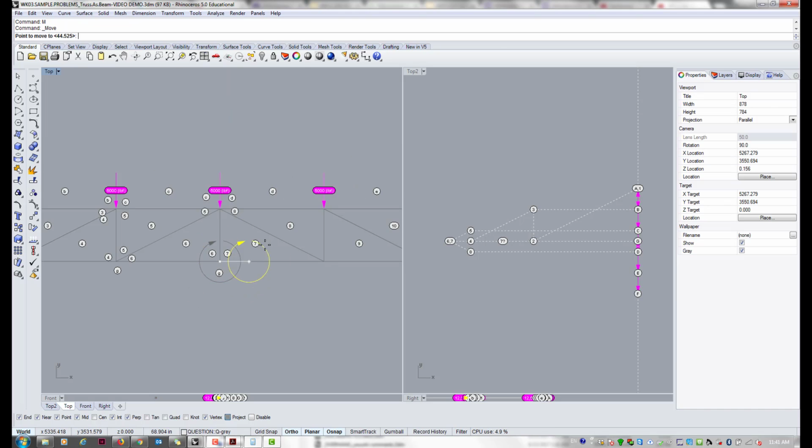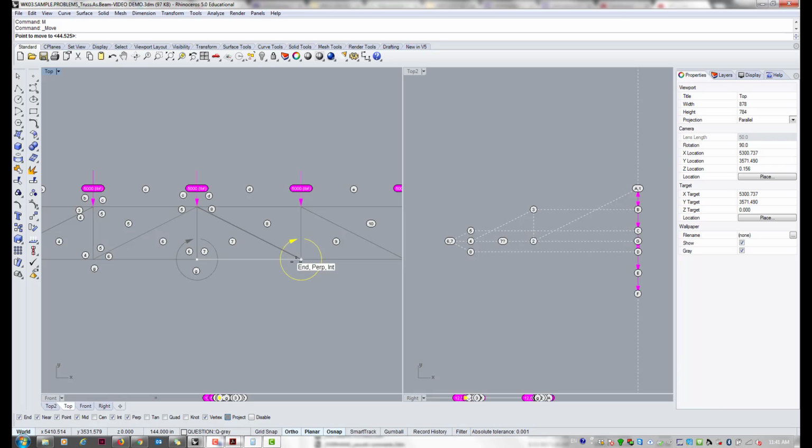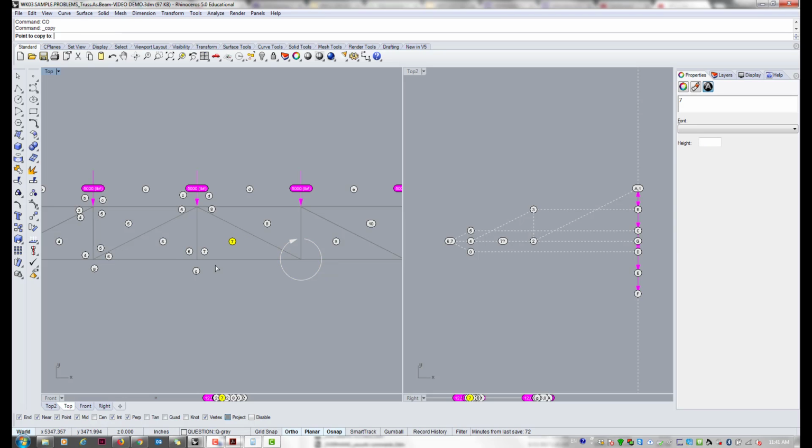Moving forward, I guess I'm gonna go here next. So 7 is here.